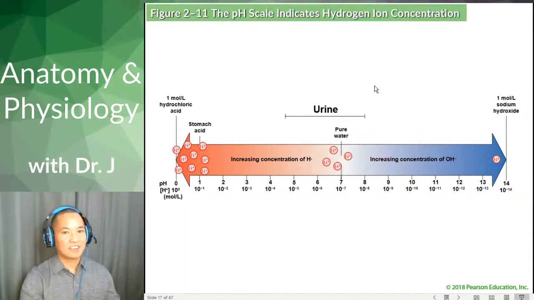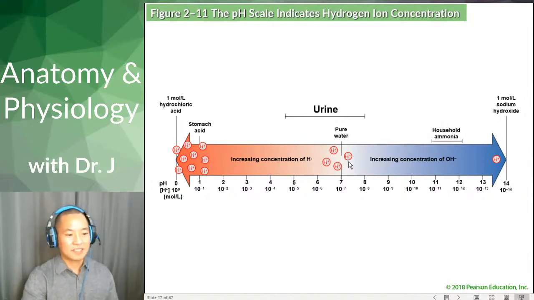Oh, and basic and alkaline are used interchangeably. Acidic is acidic, but when you hear the term alkaline, it refers to this range of the pH scale. So urine tends to be acidic, but the normal range of urine is roughly 4.5 to 8.